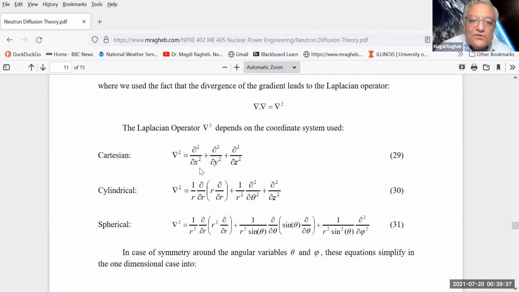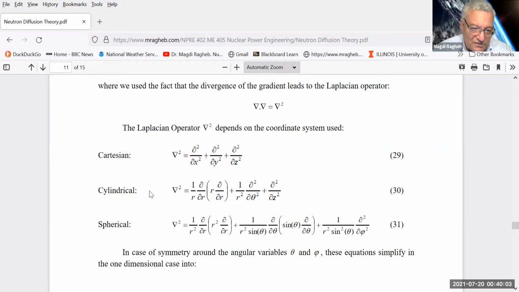In cylindrical geometry, the Laplacian operator takes the form 1 over r, partial by dr, r d by dr. And you have also a component in the cylindrical angle as well as in the z direction. So you think about the cylinder in that case. In spherical geometry, it's different than for Cartesian geometry or cylindrical geometry.